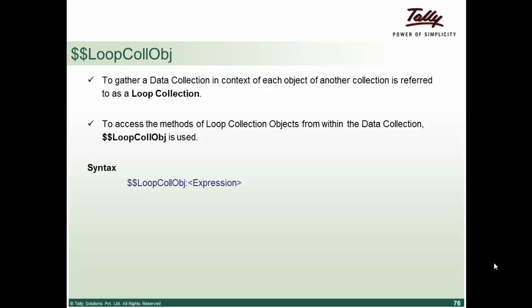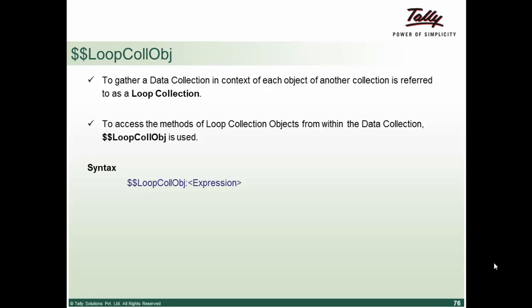When basically a data collection is looped over a loop collection. Now any value that you now call will always be called from a data collection. You say $name, it will be called from the data collection.